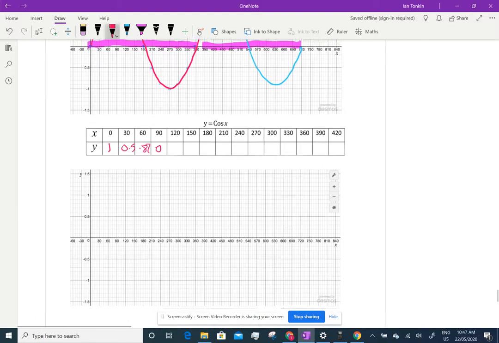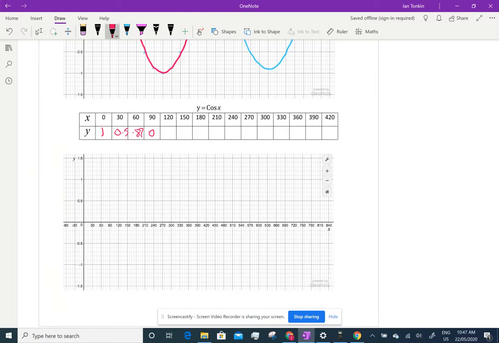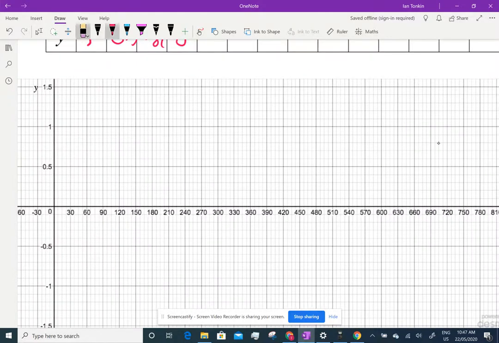And you're going to get those same values all the way along. I'm going to zoom in a bit because I want to hit 90. 180 will be negative 1. 270 will be 0, and 360 will be 1.